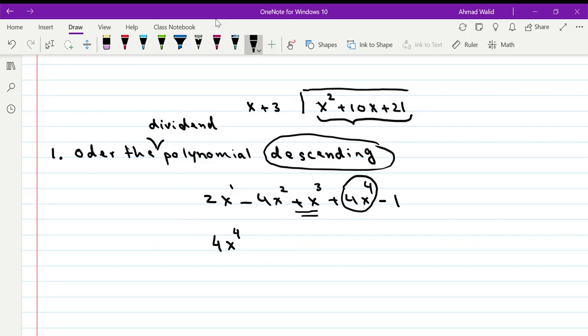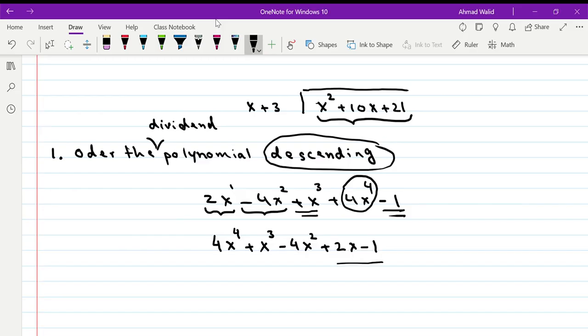Focus on the sign. You have plus x cubed. After that, power of 2, you have negative 4x squared, correct? After that, positive 2x. Then minus 1. We call this order descending.